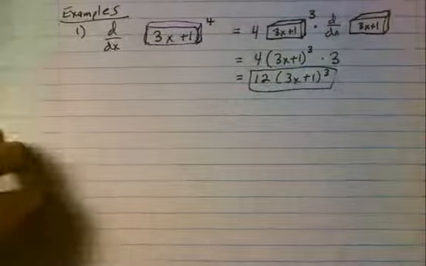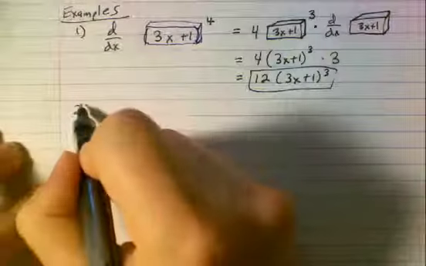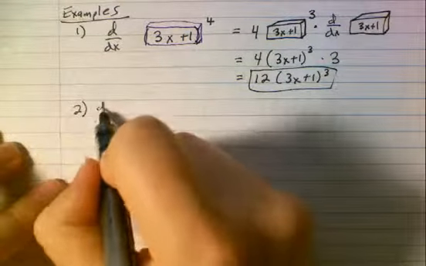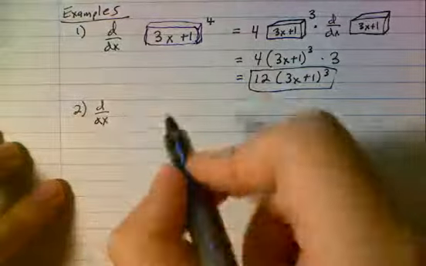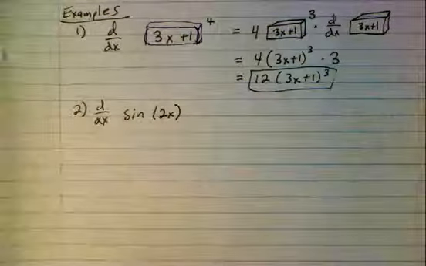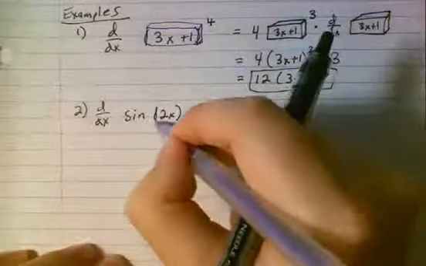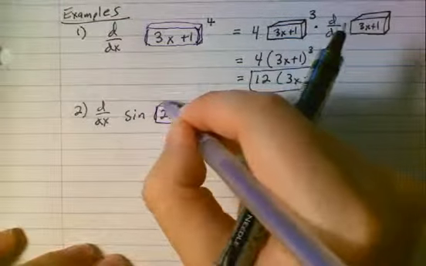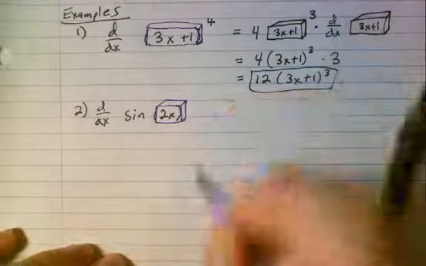We do the same thing anytime we see any of the trigonometric functions. So like over here, let's say we want to take the derivative of the sine of 2x. We see a trigonometric function here, so whatever is right here is going to go in the box.